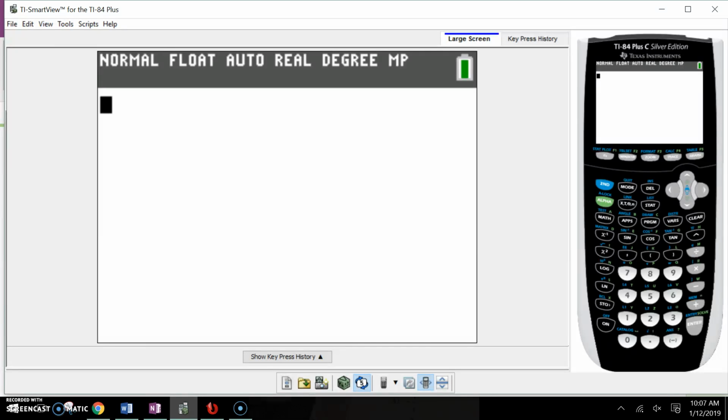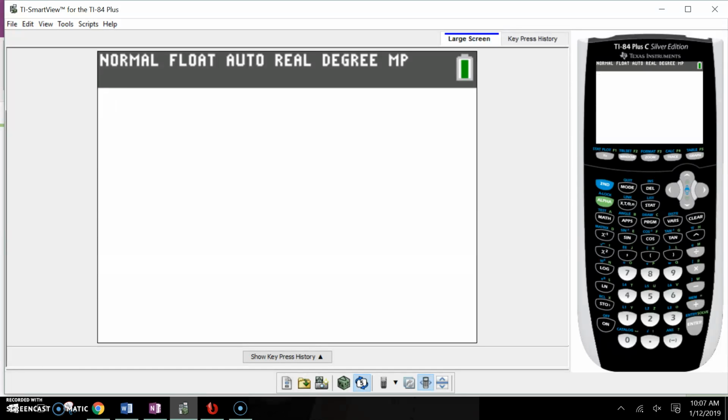So for the first example, secant of 45, we are ready to go because it's already in degree mode. Our 84 only has sine, cosine, and tangent. To do secant, cosecant, or cotangent, you have to take the reciprocal of those functions.